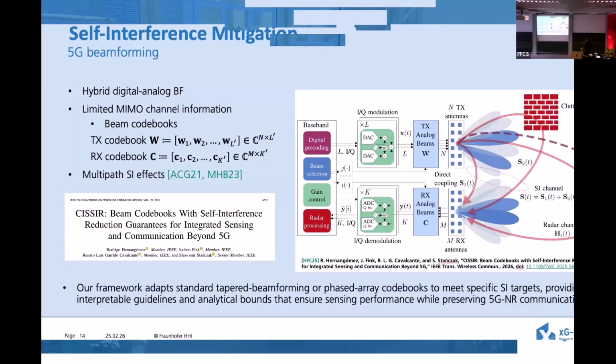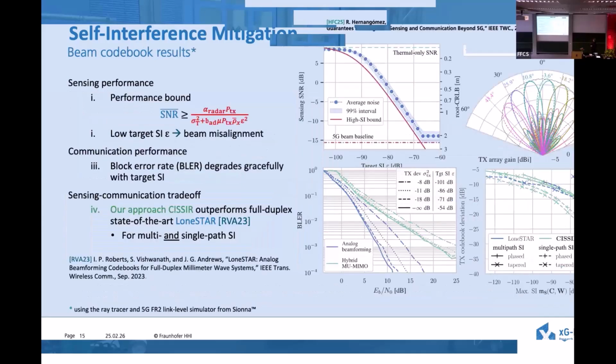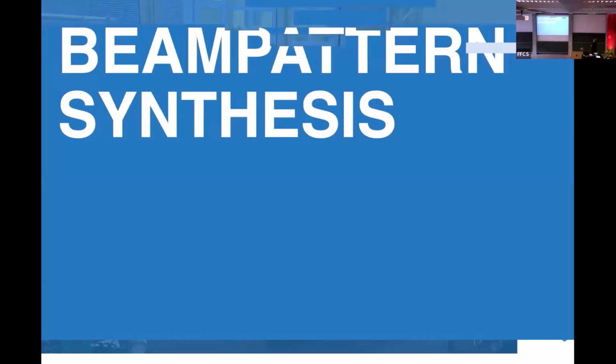What is nice about this is that we have some bounds and guidelines on how to design the whole system in order to ensure some sensing performance while preserving 5G communication quality. I will skip this slide because it takes some time to explain, but I refer to the paper. Maybe the last topic is beam pattern synthesis.